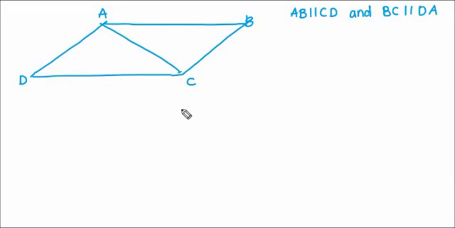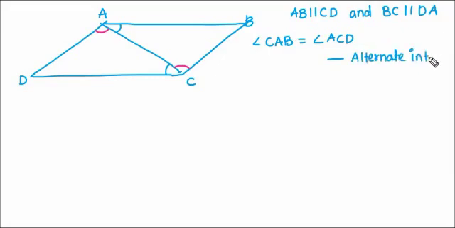Now when I draw a diagonal AC, I get two triangles ADC and CBA. So let's now look at these two triangles. If I look at this angle and this angle, and this angle and this angle. So angle CAB is equal to angle ACD because they are alternate interior angles.